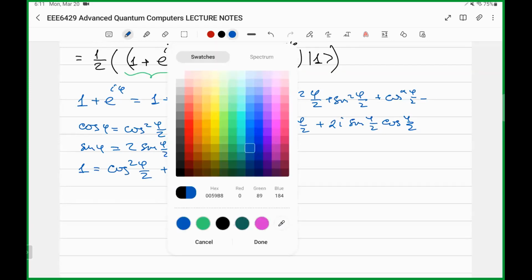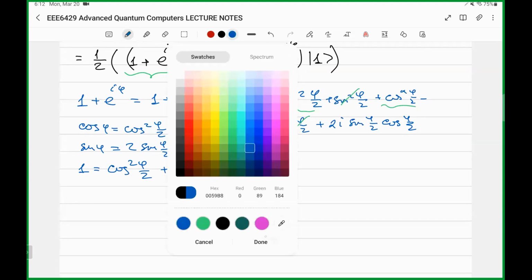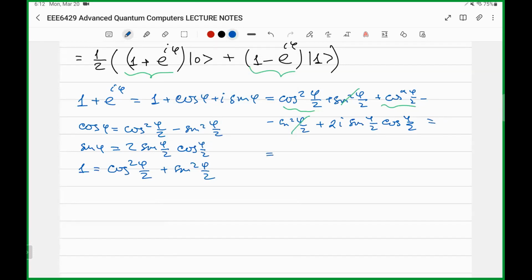So I see that these two can be cancelled out. These two give me 2 cosine. So it will be 2 cosine square phi over 2 plus 2i sine phi over 2 cosine phi over 2.